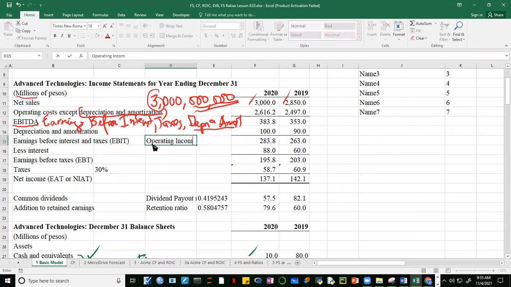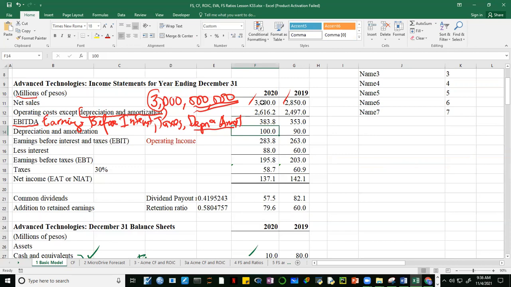Why is this called your operating income or operating profit? Okay, because how do we arrive at your EBIT? We have your sales, and then we subtract all your operating costs. In this case, except depreciation and amortization, but we also deduct that later on. Depreciation and amortization form part of your operating cost. So all of these, guys, 2616 plus 100, form part of your operating costs.